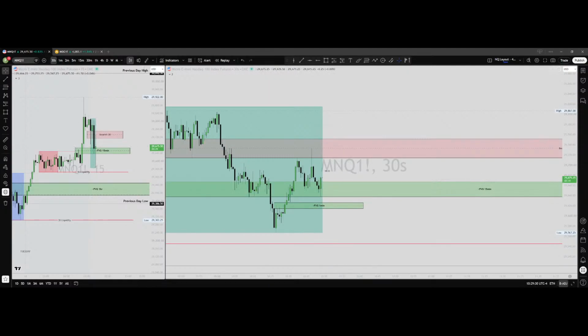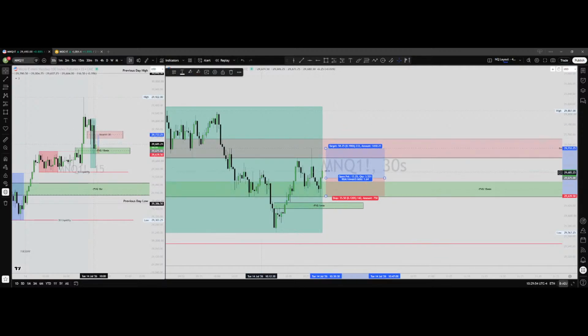Okay, I'll be taking price long here. I have entered long in this 30-second IFVG at a 1-minute breaker block. My target should definitely be up higher here. First target is this.